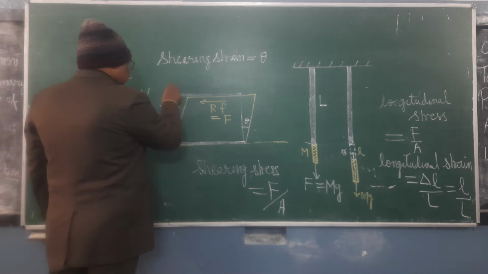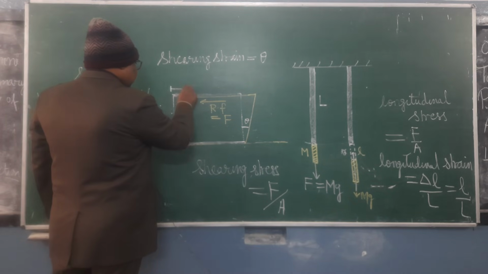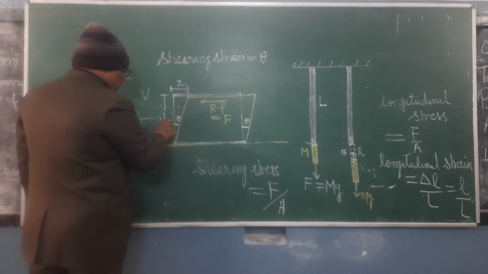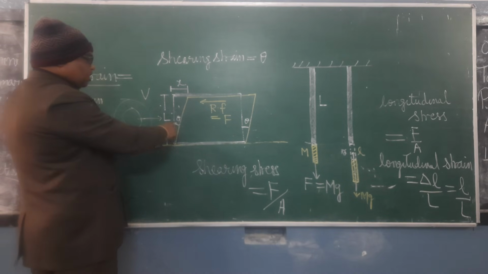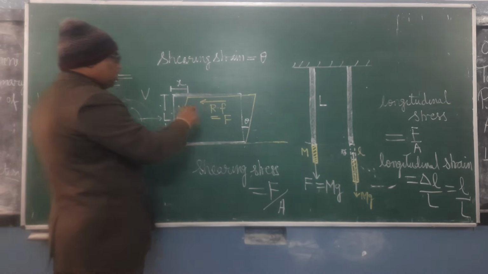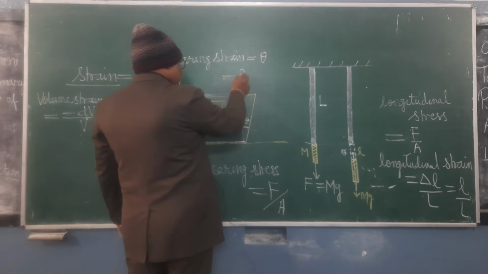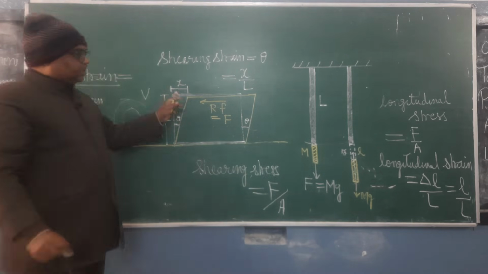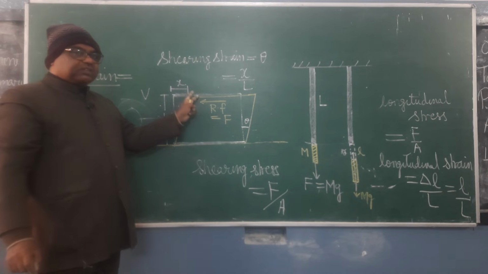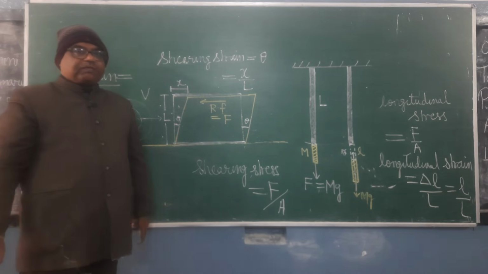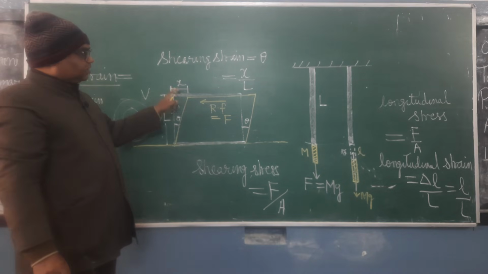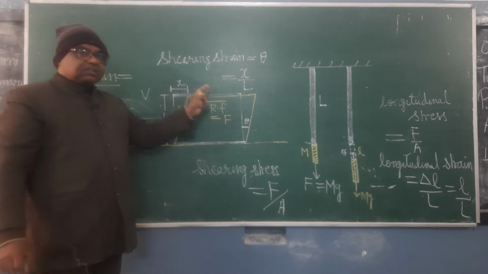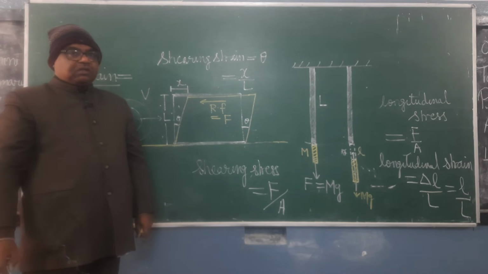So if you take this distance as x and this distance as capital L, then theta equals tan theta, that is x upon L. Now see here, x is the distance by which the movable surface moves in the direction of the deforming force.